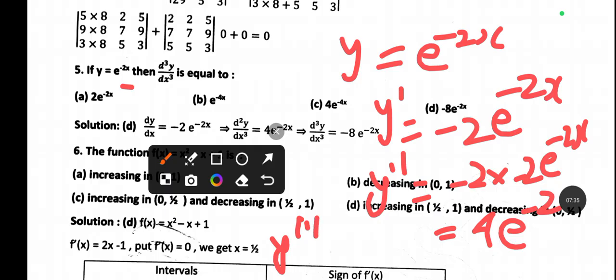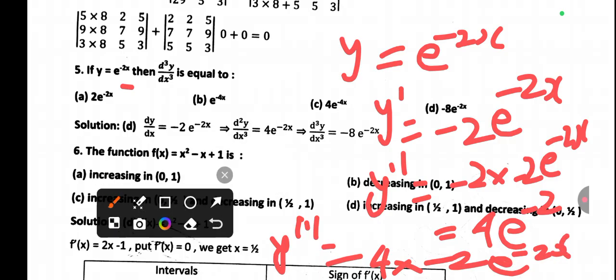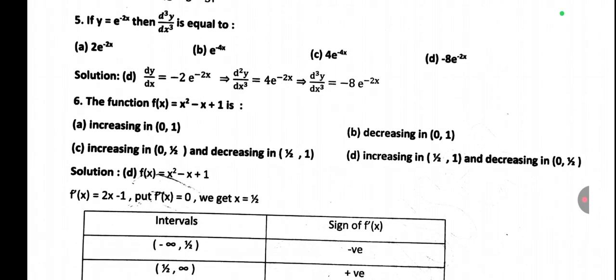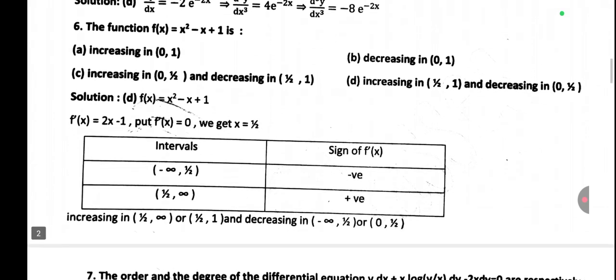Y triple dash is 4 into minus 2 e power minus 2x, so you will get minus 8 e power minus 2x. So easy. Higher order derivatives like that can come in the portion, even third order derivative they can ask. One of the easiest questions.